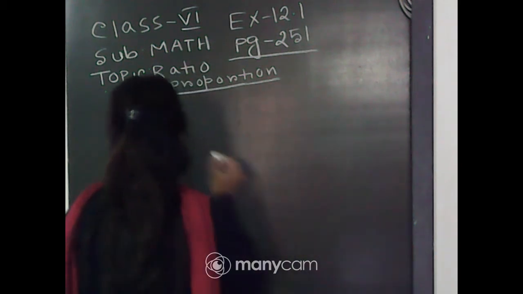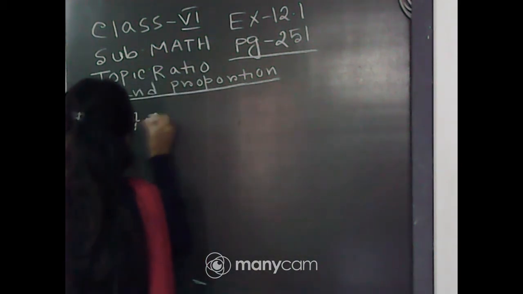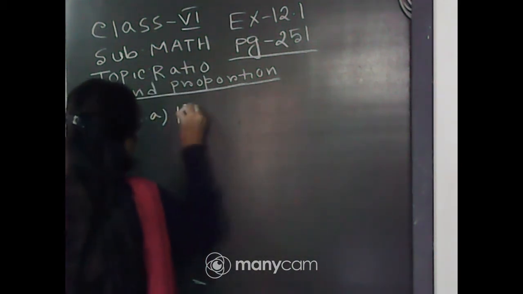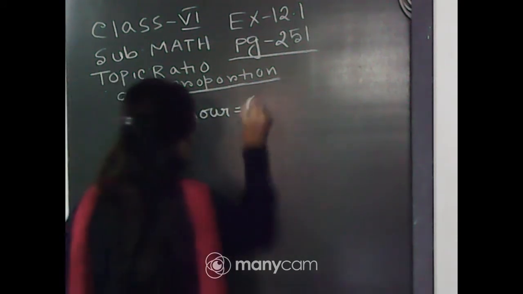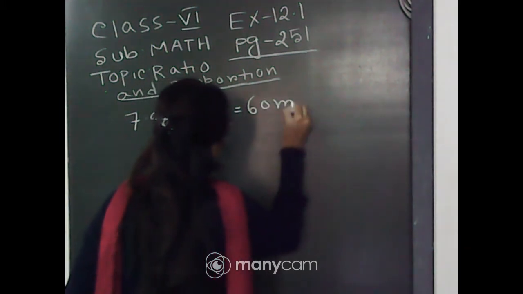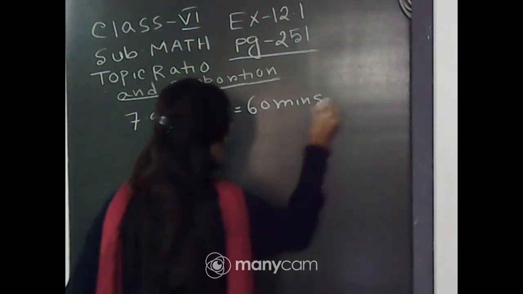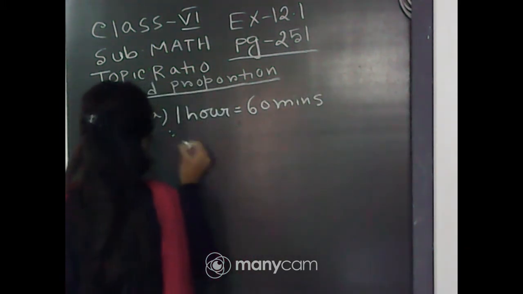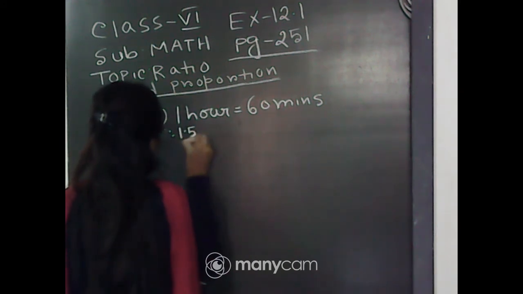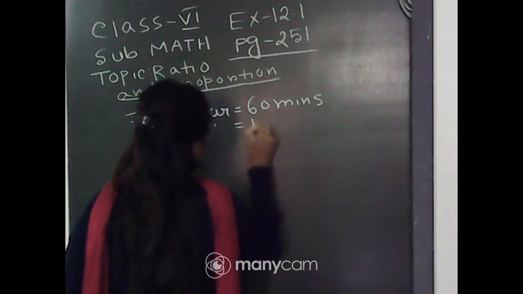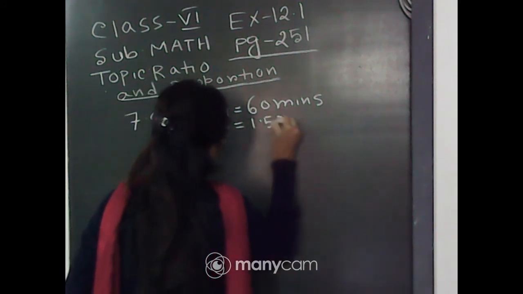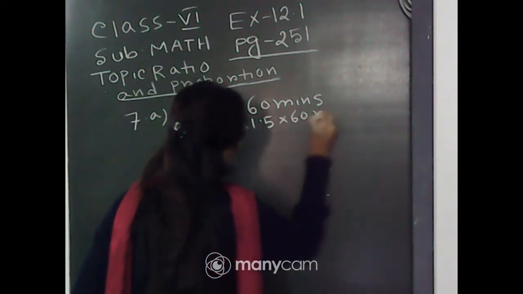We all know that 1 hour is equal to 60 minutes. Therefore, 1.5 hour is equal to 1.5 into 60 minutes.